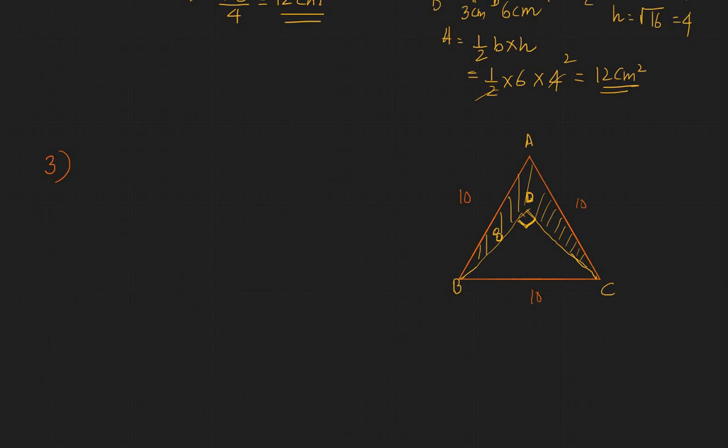In this problem, the area of the shaded portion would be equal to area of triangle ABC minus area of triangle DBC.